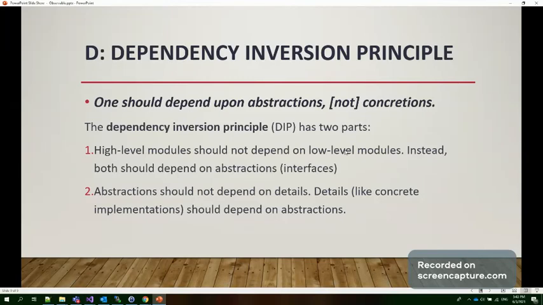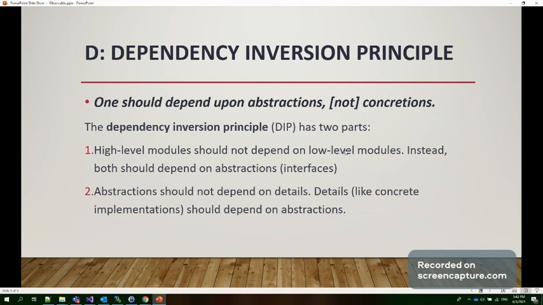Coming to the last one, D is the dependency inversion principle. What this principle is saying is that we should depend on abstraction, not concretion. It has two most important parts. First, high level modules should not depend on low level modules, but instead both should depend on abstraction or the interface.